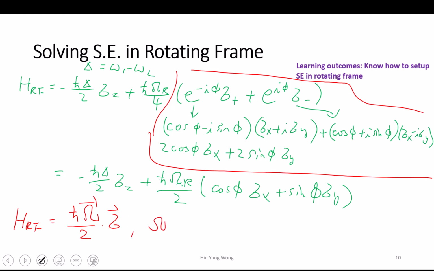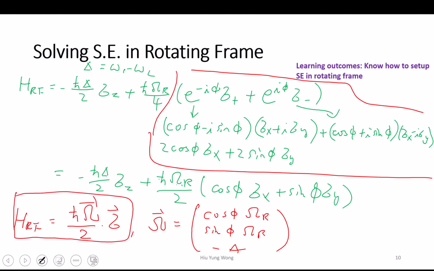Where omega equals cosine phi omega r, sine phi omega r, negative delta, right? Because x is cosine phi omega r, y is sine phi omega r, and then you have negative delta. You just plug in. You will see that now the Hamiltonian is very similar.